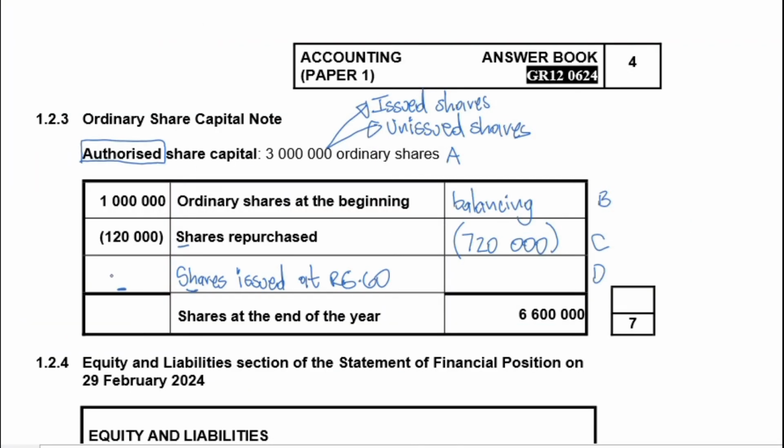So now we can fill in that figure in our ordinary share capital note. Now we have to calculate the value of the shares that were issued. We are told that the shares were issued at R6.60 per share.